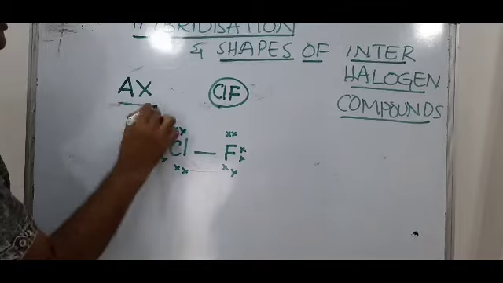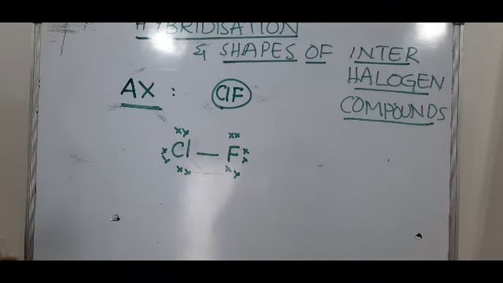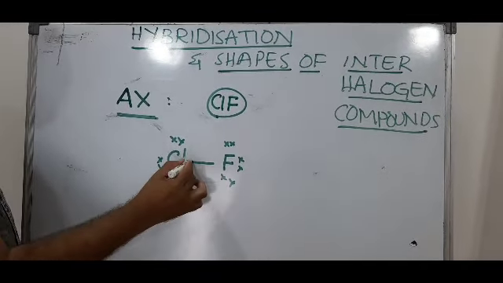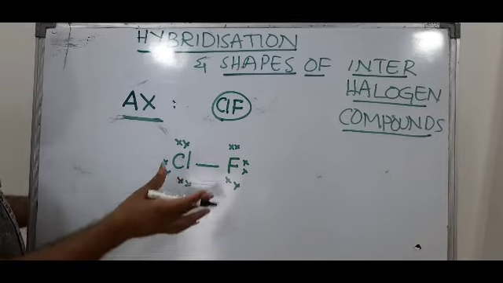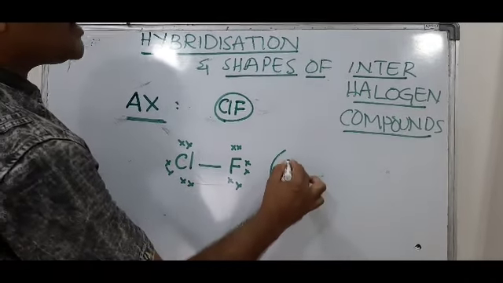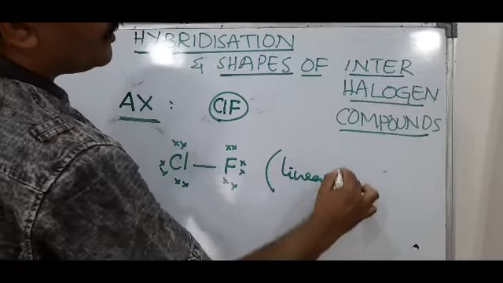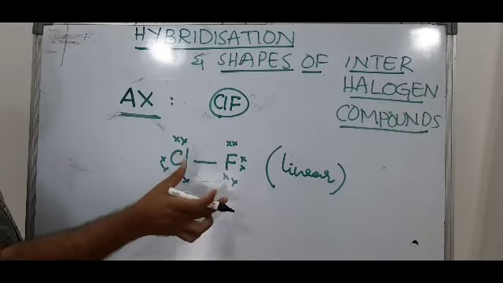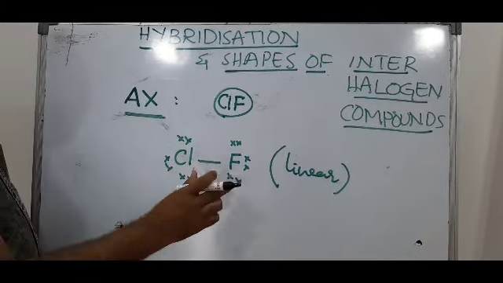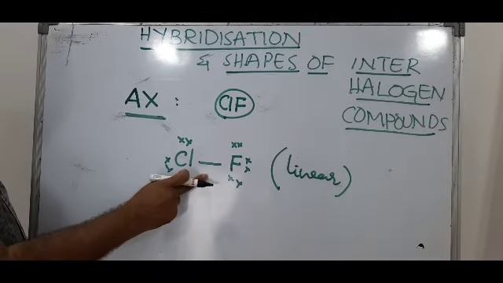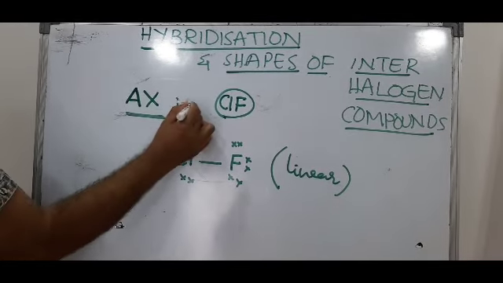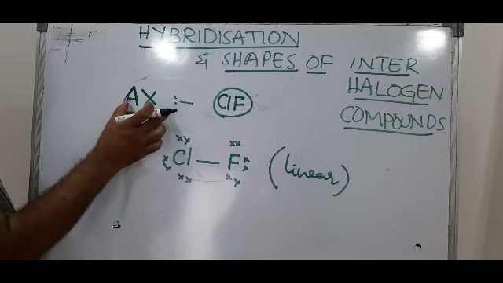It is a simple structure. If only a single bond is there, it is very difficult to say its shape, but in some books it is given as linear. But it is not technically correct, because shape is the arrangement of 2 bonds, and here only one bond is there. This is about the structure of the AX molecule.